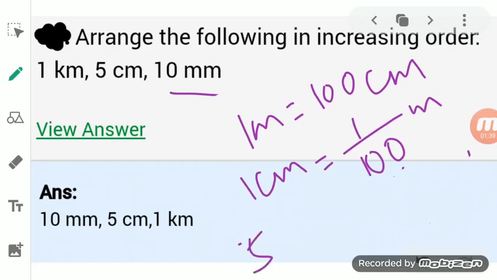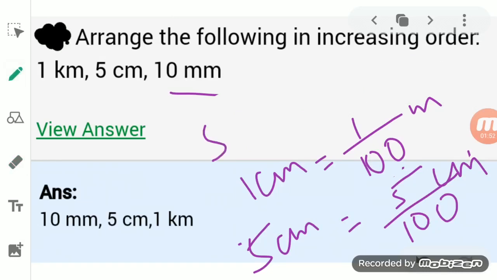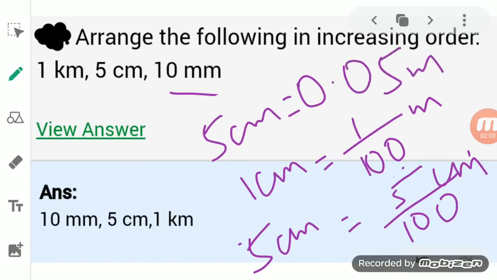So 5 centimeter will be equal to 5 by 100 meter. Okay, so 5 centimeter is equal to 0.05 meter. So 10 millimeter is 0.01 meter, and 5 centimeter is 0.05 meter.